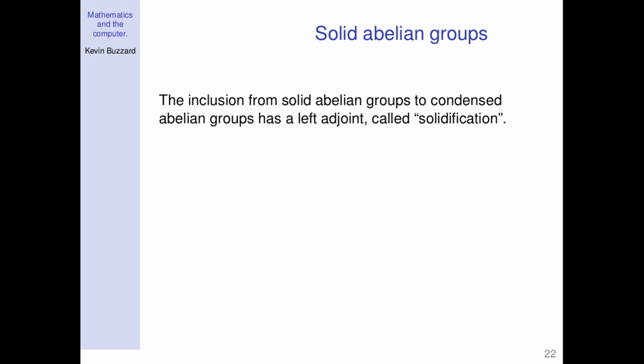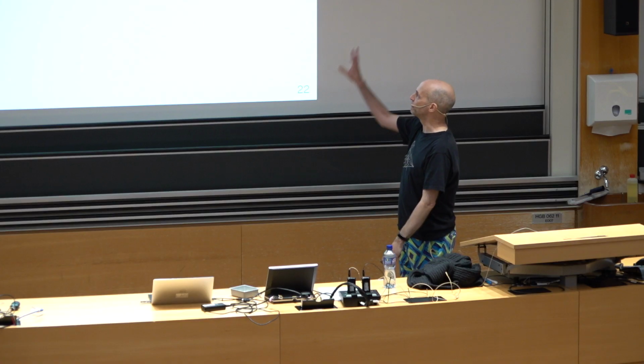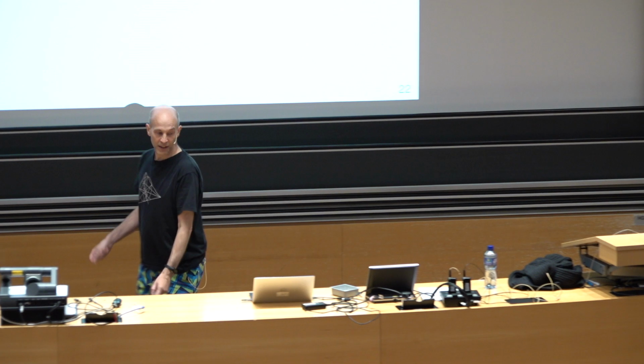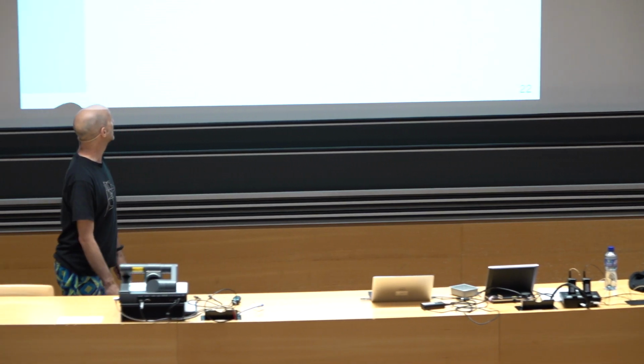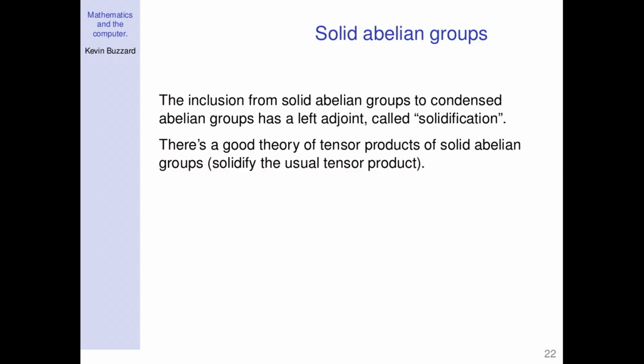So that's completion, right? Given a random condensed abelian group, you can complete it. And it turns out that there's a perfectly good theory of tensor product of solid abelian groups, and you just do the obvious thing. You take your two solid abelian groups, you form the tensor product in the category of condensed abelian groups, which is not too difficult, and then you solidify.